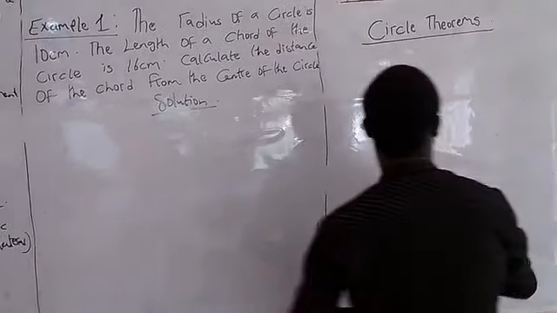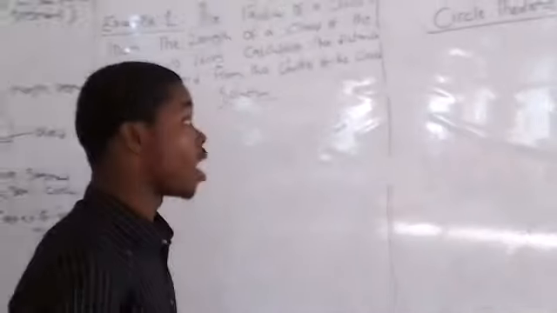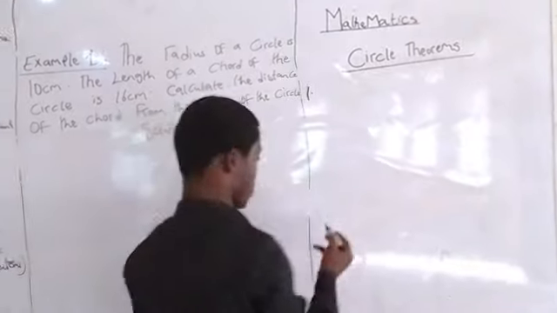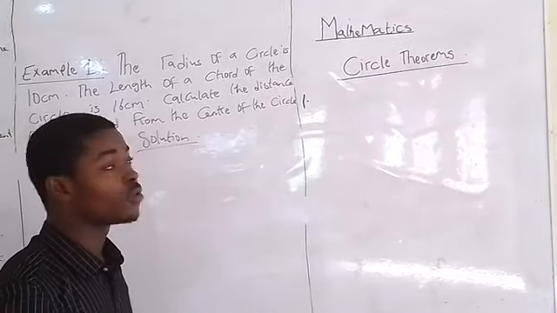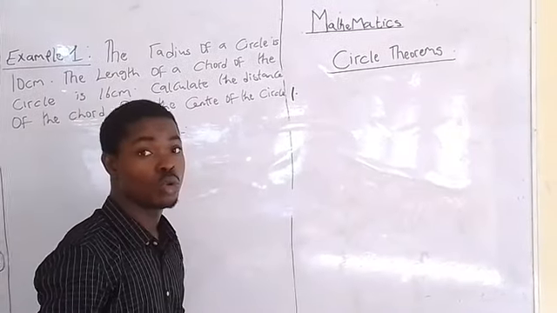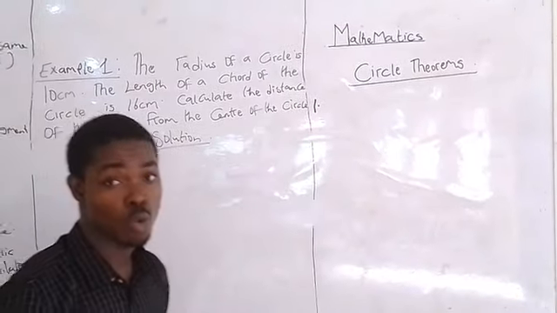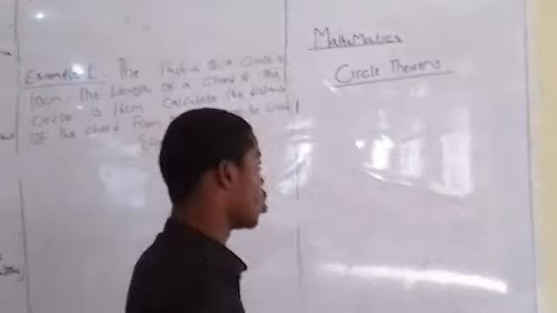Okay, we are going to start with theorems now. Theorem 1 says that a line drawn from the center of the circle to bisect a chord is at right angle to each other.